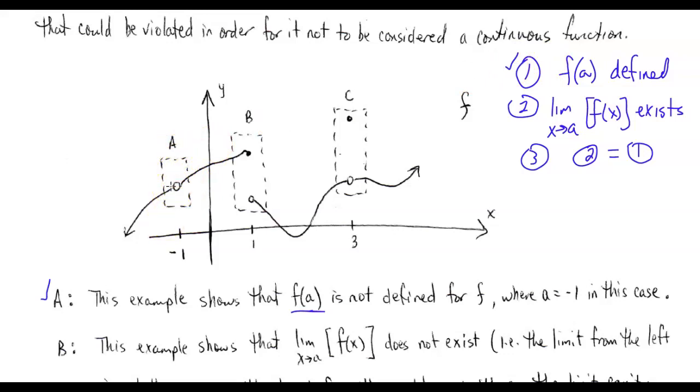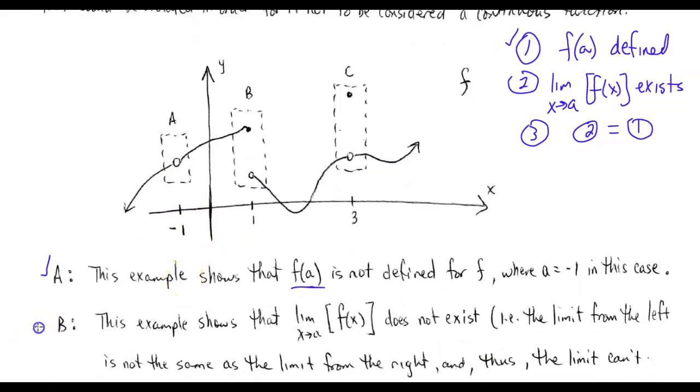Okay. Now, example B here is an example of what could happen when the limit of the function as x approaches some value a does not exist. In this case, when x is equal to 1, we see that the behavior of this function as x approaches 1 from the left is different than the behavior of this function as it approaches x equals 1 from the right.